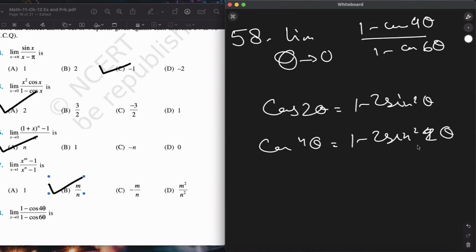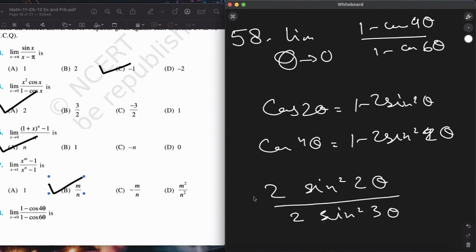Then we can expand sine 2 theta further. Let's see what helps us in this situation. I told you 1 minus cos 2 theta is simply 2 sine square theta, so just write it like that. Here I'll have 2 times sine square 2 theta divided by 2 times sine square 3 theta, where theta is tending to 0.